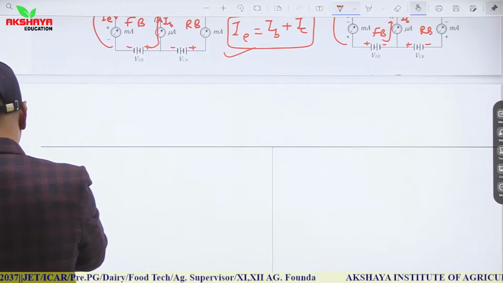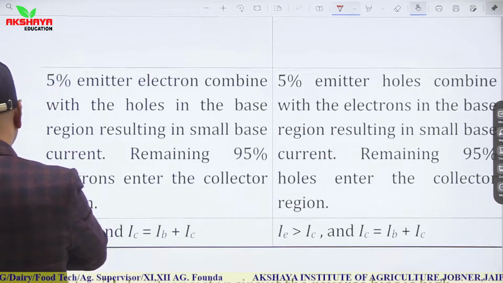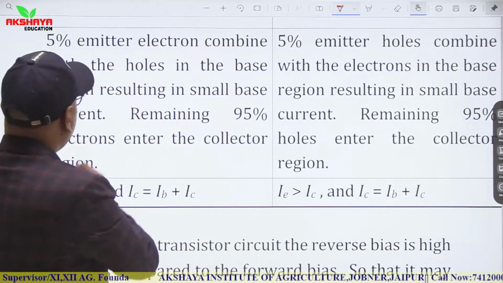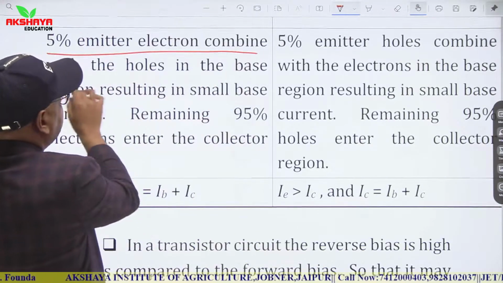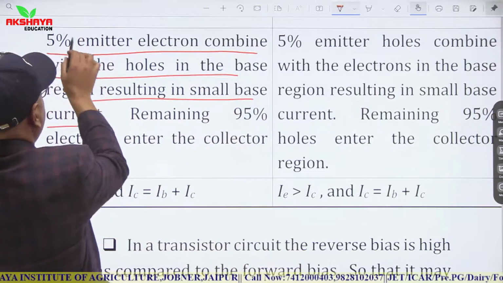Now let us talk about features. So in this section, 95% of emitter electrons combine with the holes in the base region, resulting in a small base current. Only 5%.